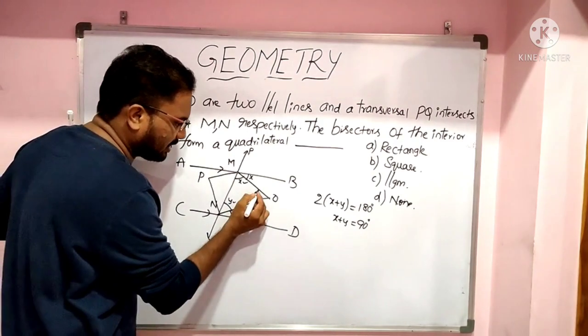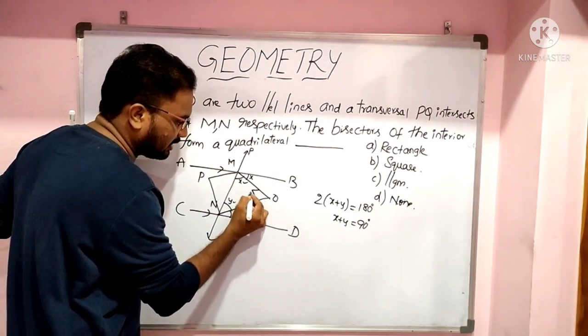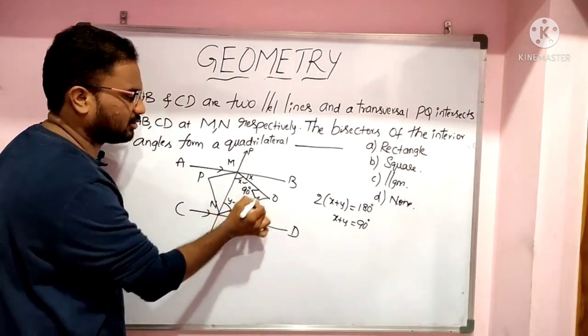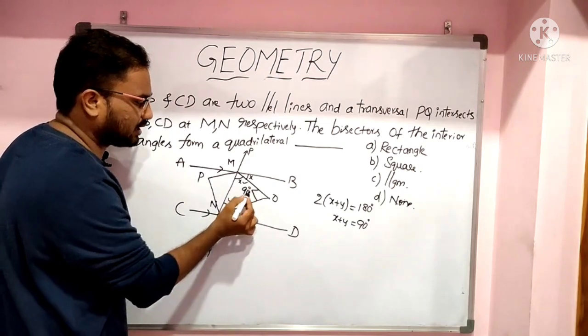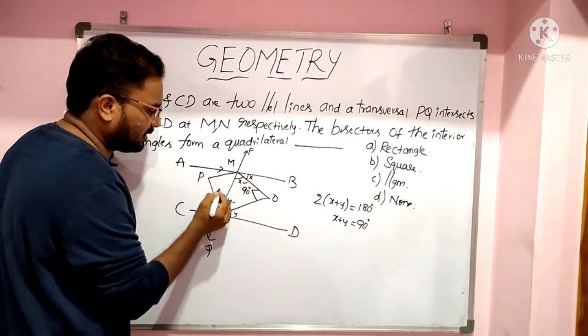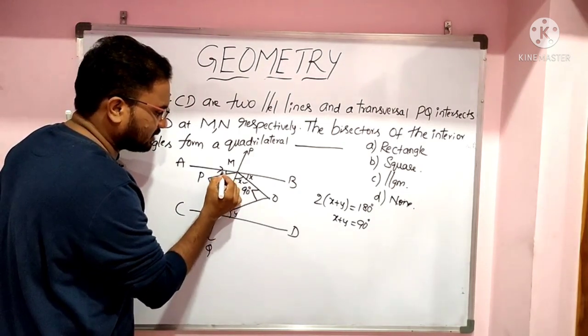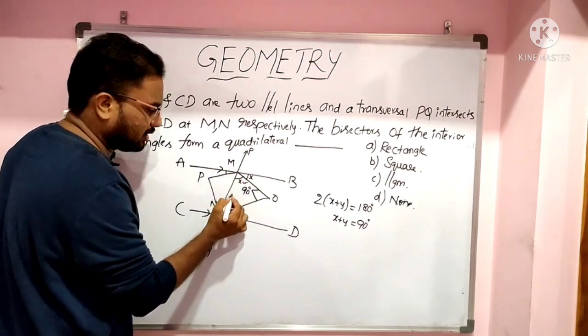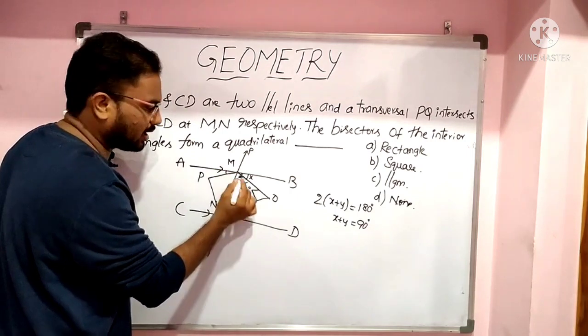So automatically this angle will be 90 degrees, because it is a triangle, and in a triangle the sum of the angles is 180 degrees. Similarly, if this is Y, this will be Y, and if this is X, this will be X, because these are alternate interior angles.